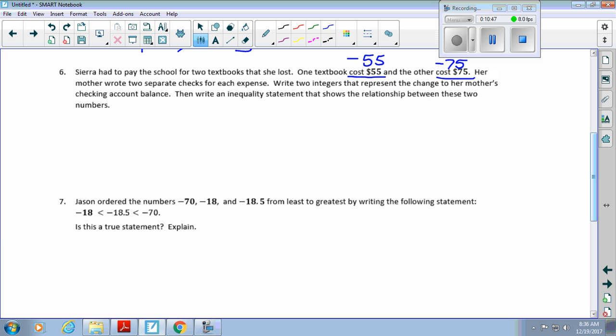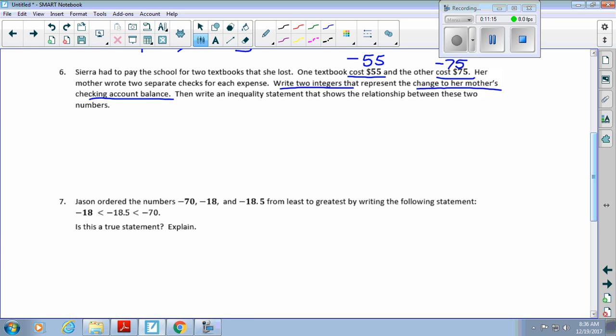All right. Her mother wrote 2 separate checks for each expense. Write 2 integers, which we just did, that represent the change to her mother's checking account balance. So they both made her account go down, right? So let's just compare the 2 numbers. Now, obviously, she's really probably steaming mad over this losing $75 for the 1 textbook.